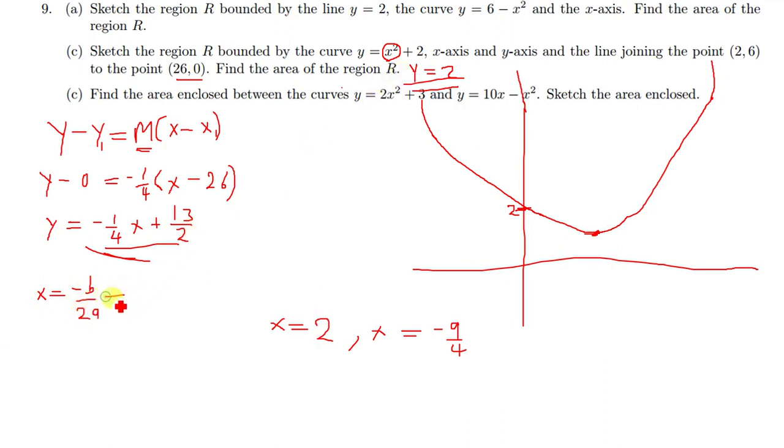So -b, what is -b? It will be 0 over 2, and my a there is 1. So you discover that your x value there will be 0.